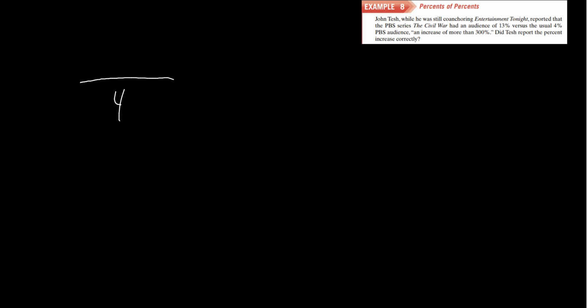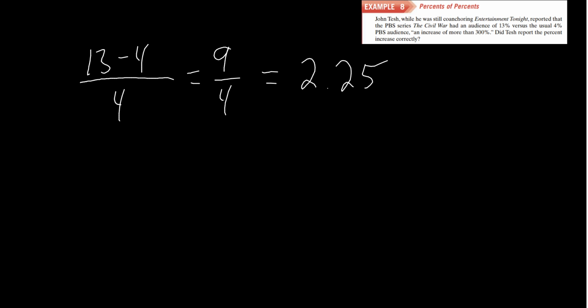The difference was 13 minus 4, which is 9. We have 9/4, which is 2.25. And again, putting this into percent form, we move the decimal, and so we have 225%.